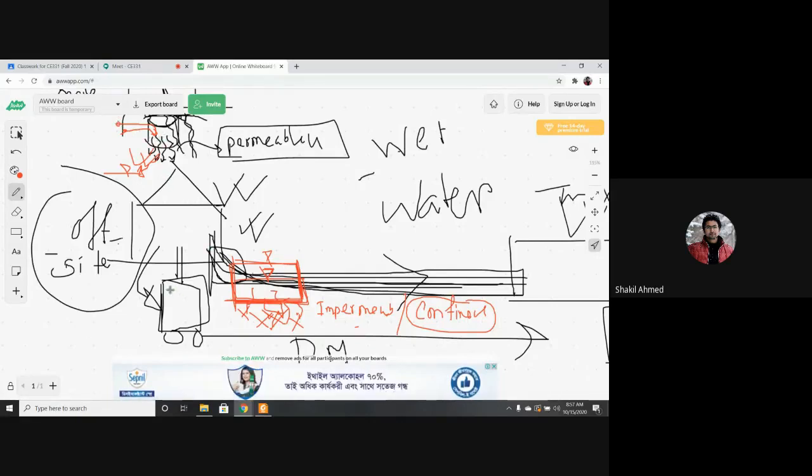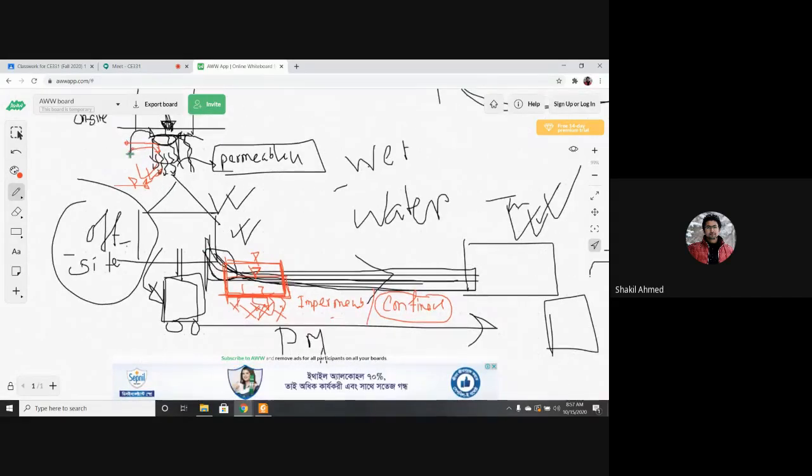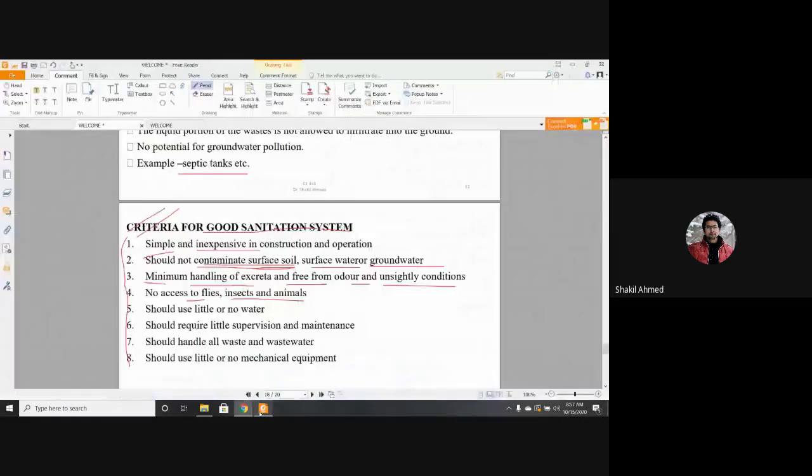So this system must not allow the insects or flies to go inside of this. Should require little or no water. Should require little supervision and maintenance. Should handle all waste and wastewater. Should use little or no mechanical equipment.